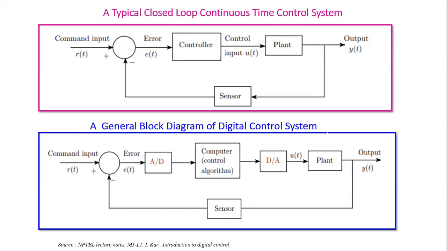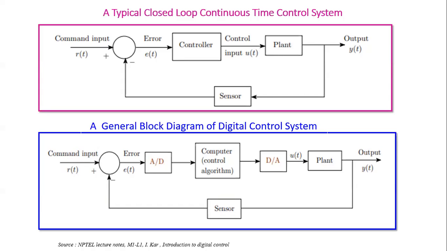The moment we speak about a digital control system, the control algorithm is implemented using a digital controller or a computer. We do have an A to D converter, which is quite obvious, and we also have a D to A converter. Ultimately, our plant is going to function with analog inputs, and the computer will only be able to work on digital ones.